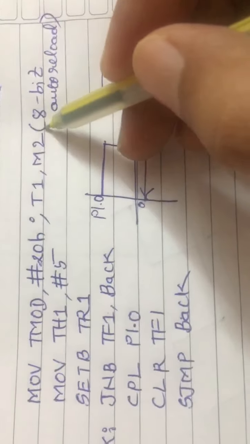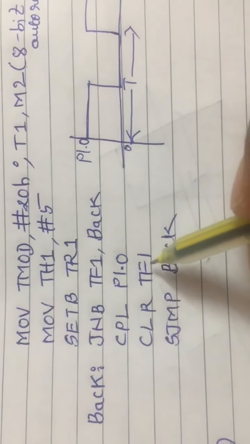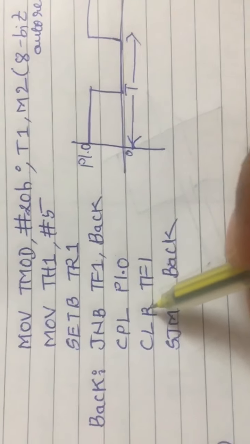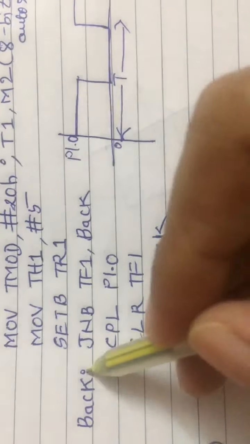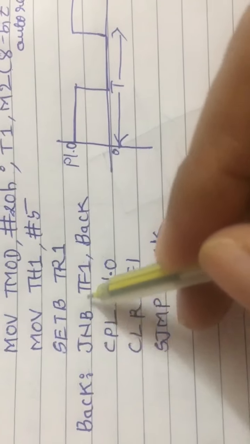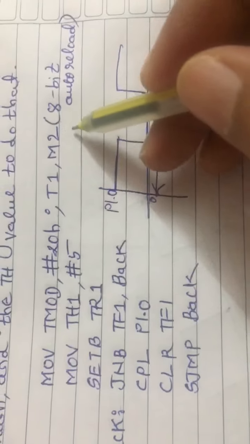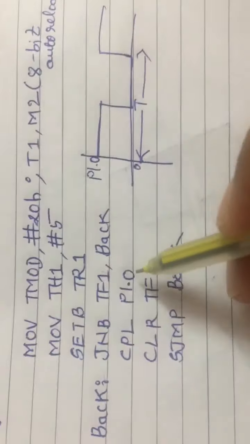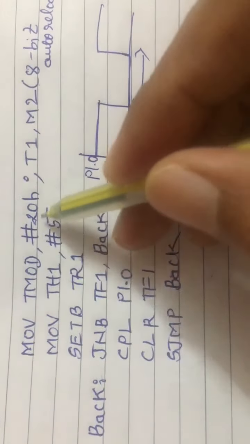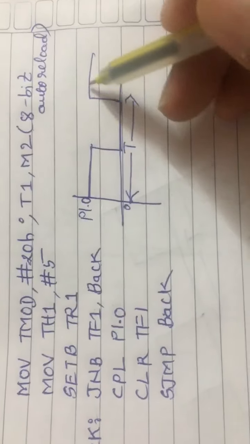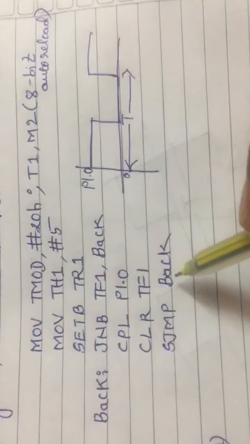In Mode 2, it is not necessary to load the TH value once again. After clearing the TF flag, give the label directly to this JNB TF1, BACK, because since Mode 2 is auto reload, automatically the value of TH1 will be reloaded and this process will be continued, right? This is the program that we need to understand first.